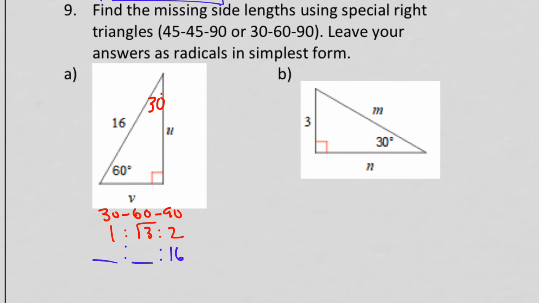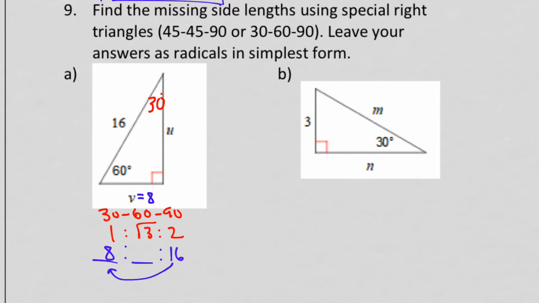So to do that, if you're given this 16 as the longest side, and the short side is half of 16, 16 divided by 2 is going to be 8. So I can find the short side to be 8. So v equals 8, just like that. Remember the logic is if you have a larger number, you're going to divide down.